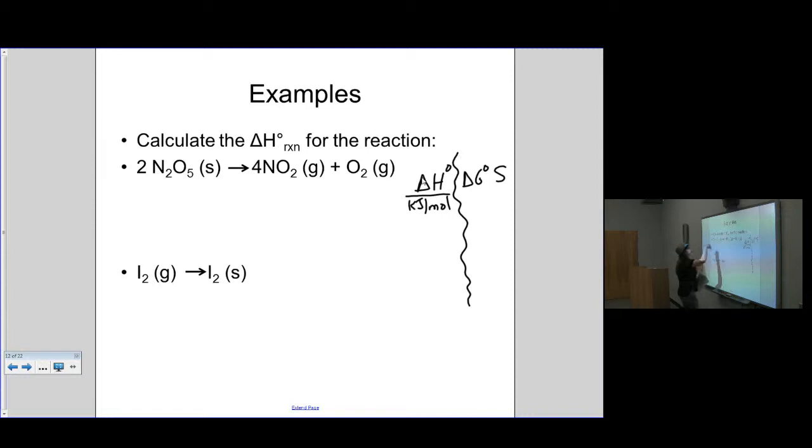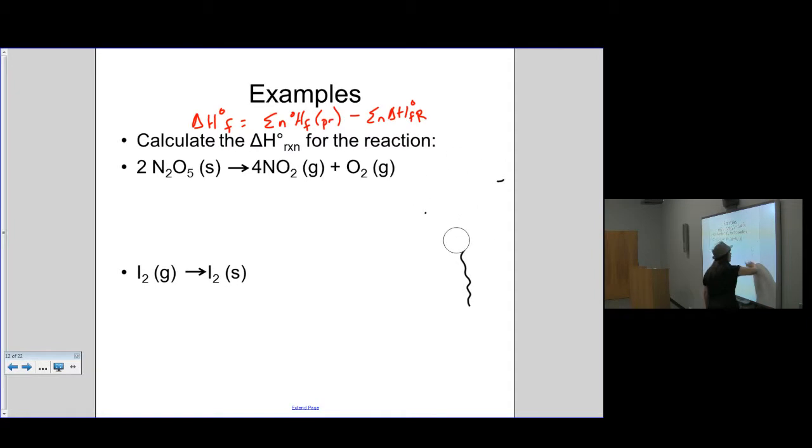So following our formula, the delta H of reaction is equal to the sum of the delta H of formation for the products minus the sum of the delta H of formation for the reactants. So that's what we're going to be looking at. So, what do I know? Starting with the products, which is where I need to be.